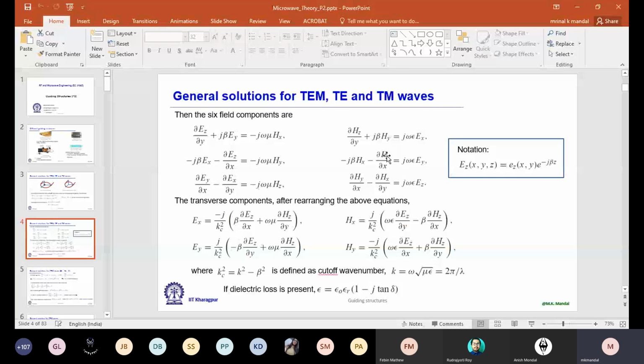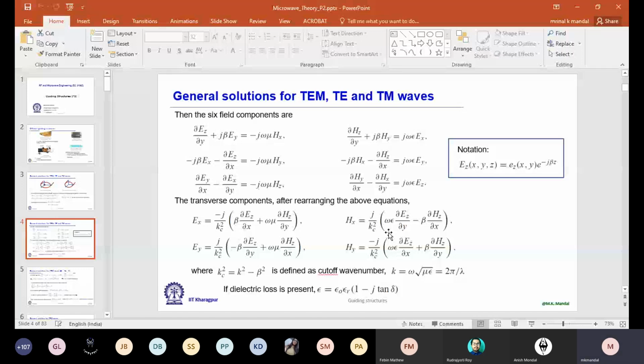If you try it in your room, then Ex is written as minus j by kc square times beta del del x of Ez plus omega mu del del y of Hz, and so on, where kc square is equal to k square minus beta square. This represents the dispersion relation.